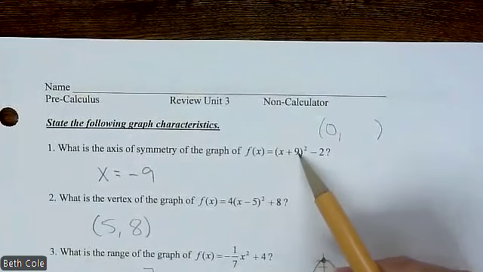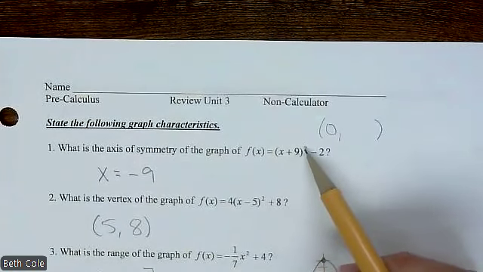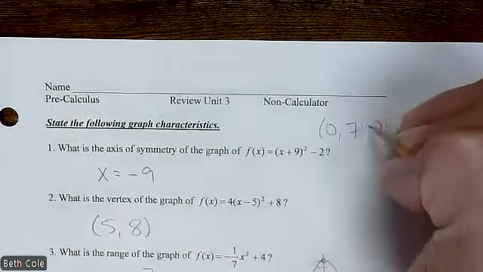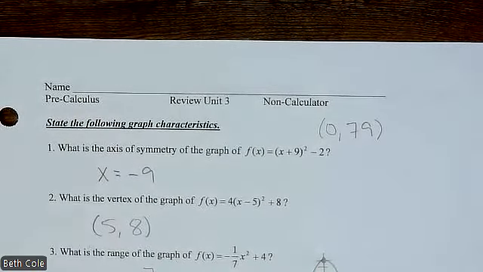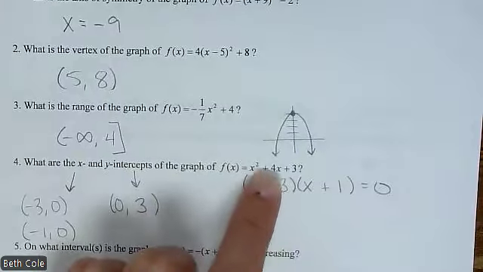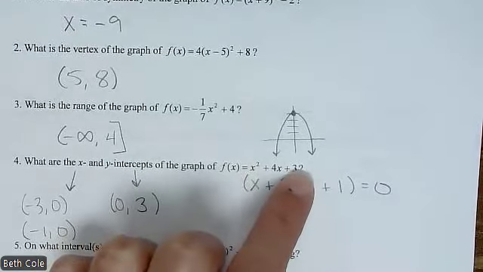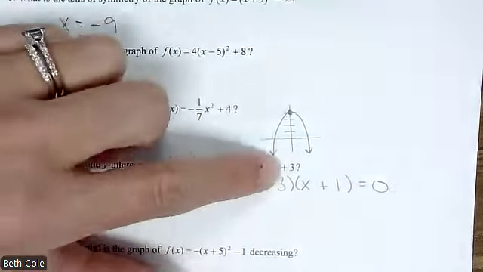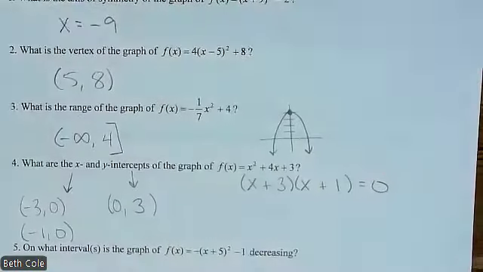So 0 plus 9, 9 squared, 81 minus 2 is 79. So if it's in that other format, just plug in 0. 0 is an easy number to work with. Whatever you get is the answer. But if it's written in this format, it's just going to be that leftover number, because if these x's are 0, you get 0 plus 0 plus 3. It's just going to be 3.